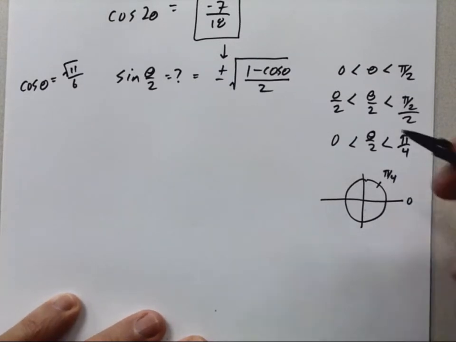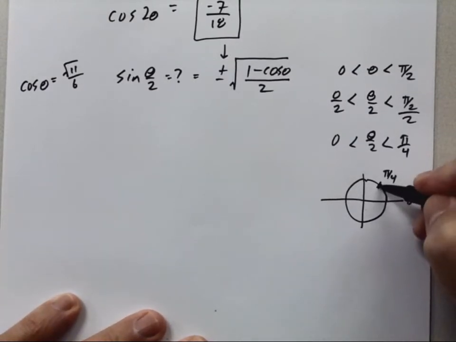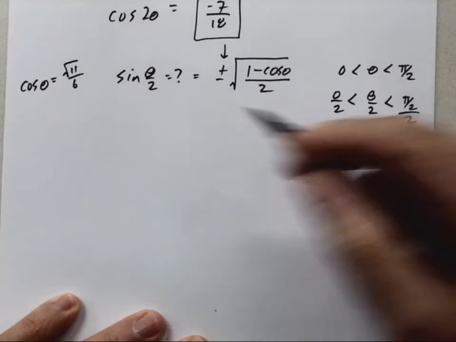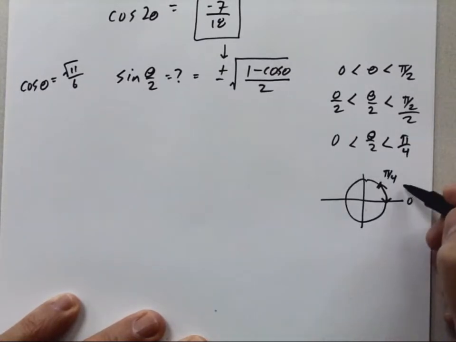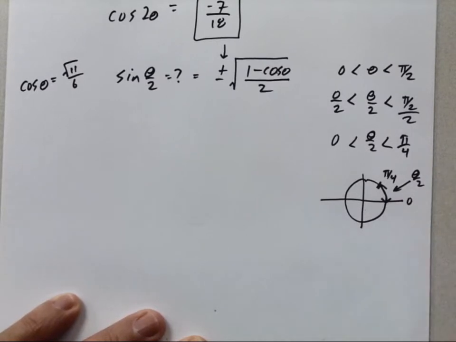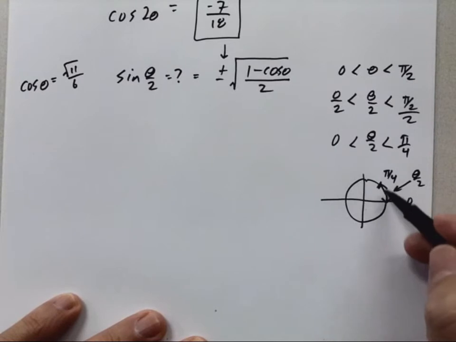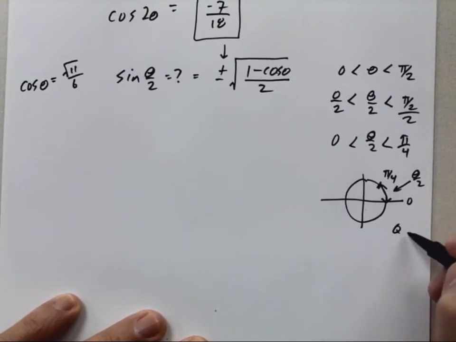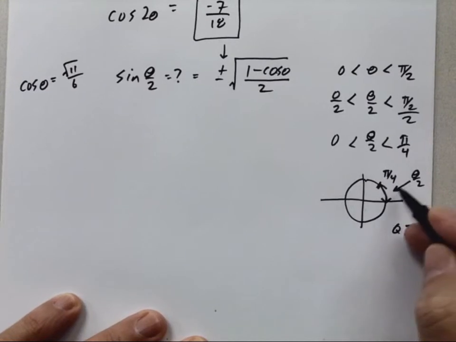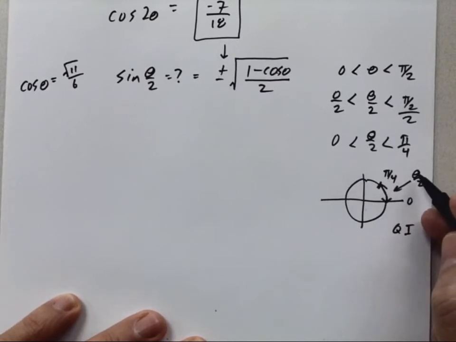Power over 4 is right here. What we're saying is, this half angle we're looking at is going to be somewhere in here. Obviously, in terms of quadrant, this little section here, where is it at? It's obvious to see that theta over 2 has to be in quadrant 1.